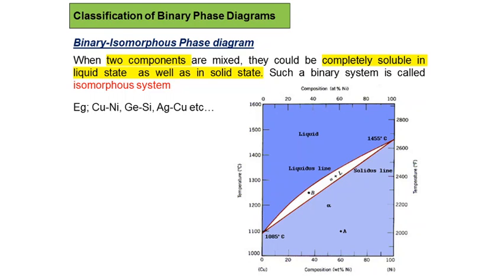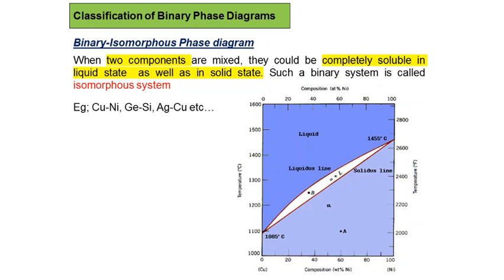So in a binary phase diagram, one component varies over the x-axis, and at the two extremes we have the parent materials. The left end represents 100% copper, or pure copper, and the right end represents 100% nickel, or pure nickel form.